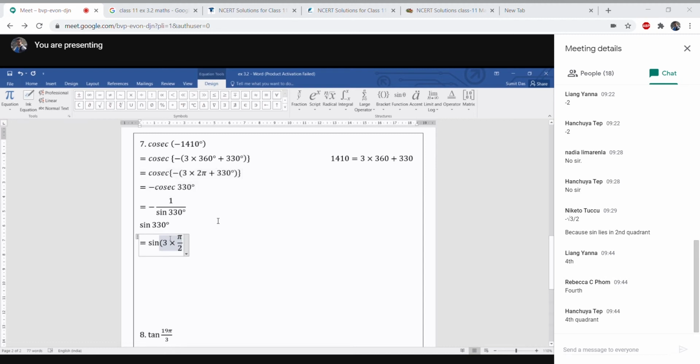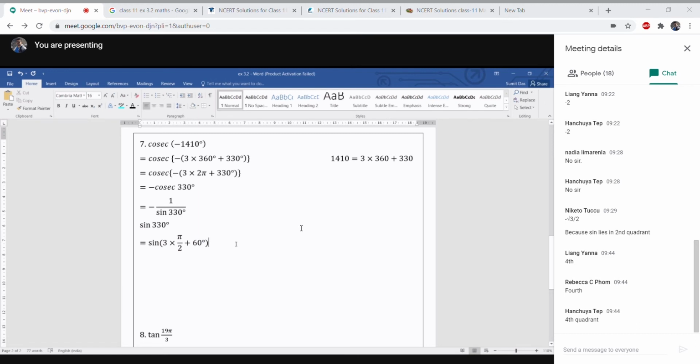Pi by 2 means 90. 3 into 90 is 270, so 270 plus 60 is 330 degree.